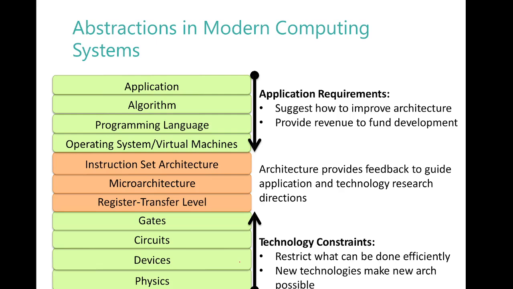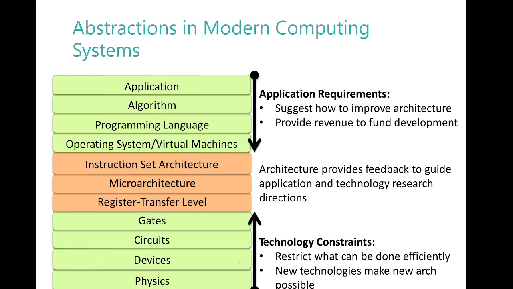The application requirements drive what the limits are at the architectural level and what could be done, and similarly the constraints coming from technology tell us, these are the constraints.